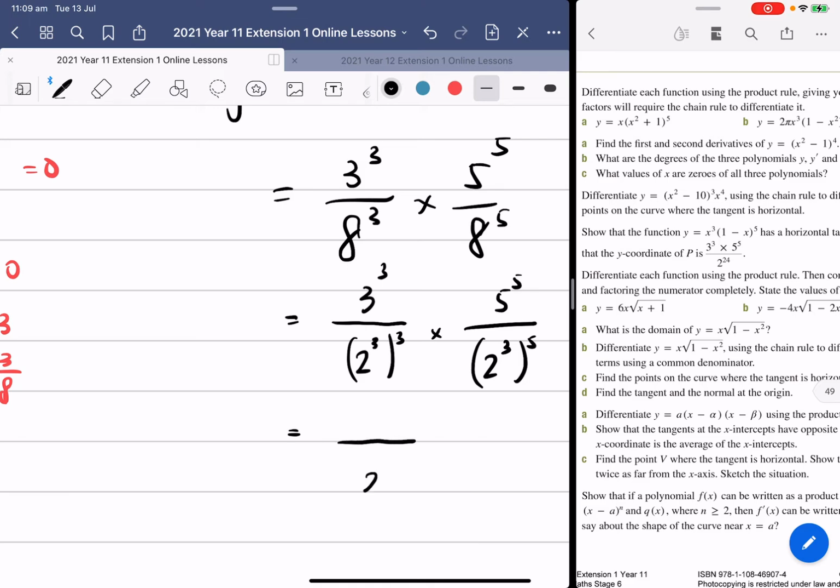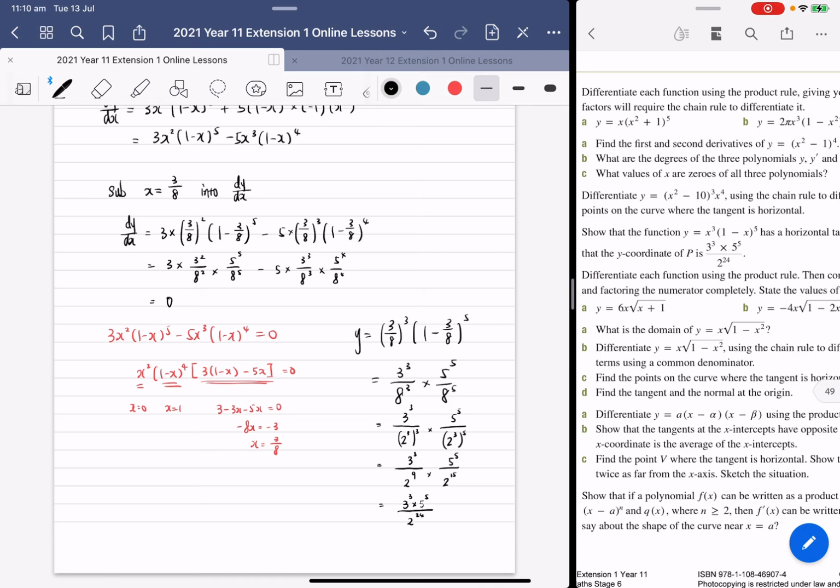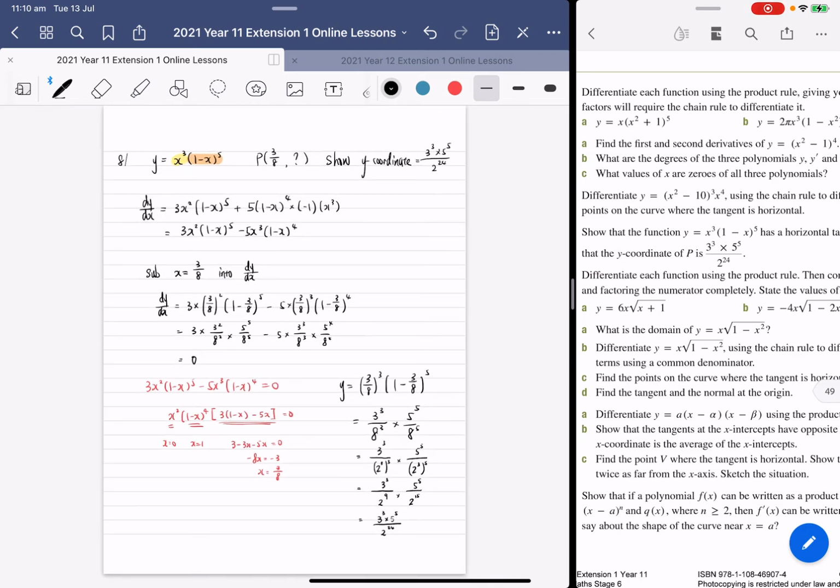Now the denominator becomes 2 to the power of 9, and then 2 to the power of 15. That's 3 to the power of 3, that's 5 to the power of 5. So if you times across, that becomes 3 to the power of 3 times 5 to the power of 5 over 2 to the power of 24, which is the answer we need. And that's simply just using the indices.